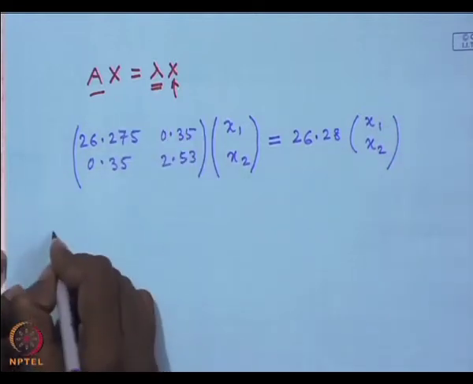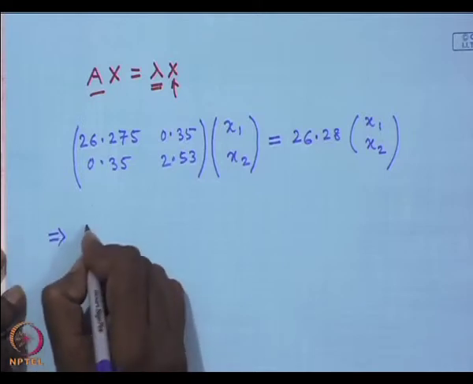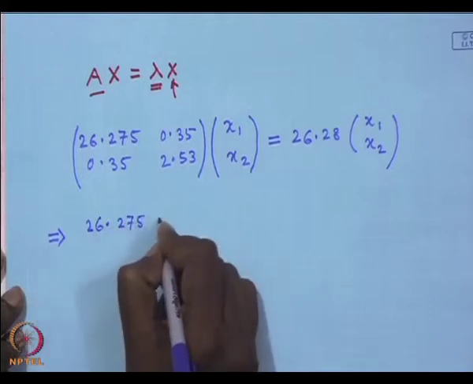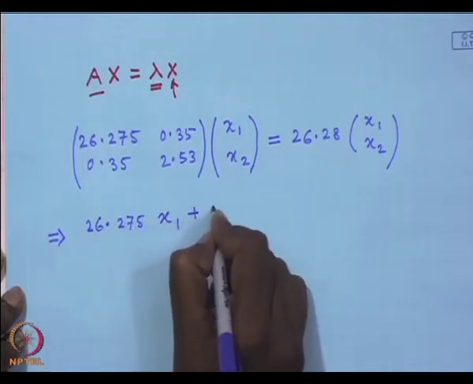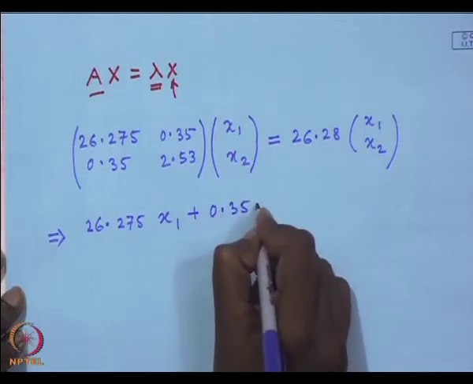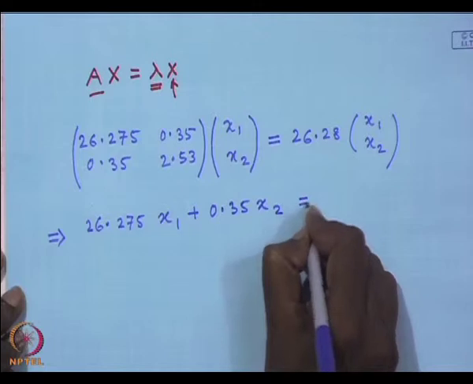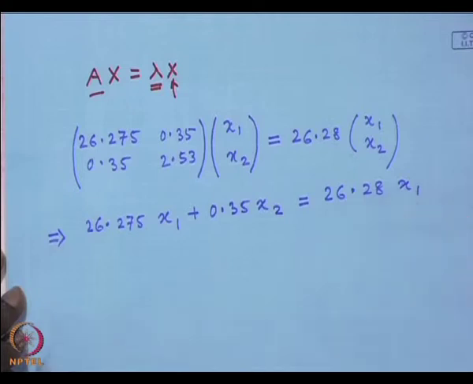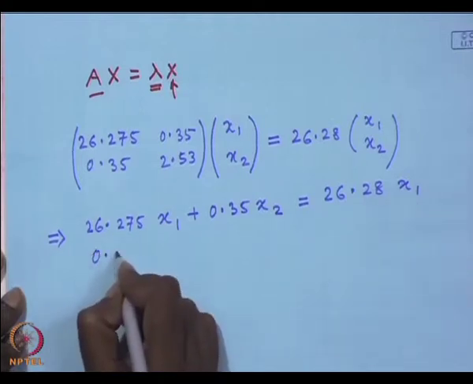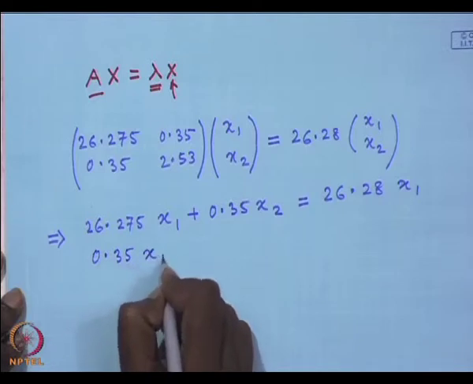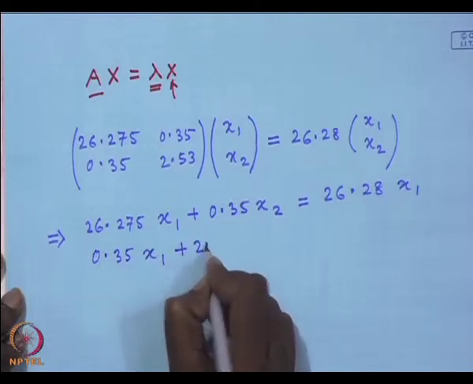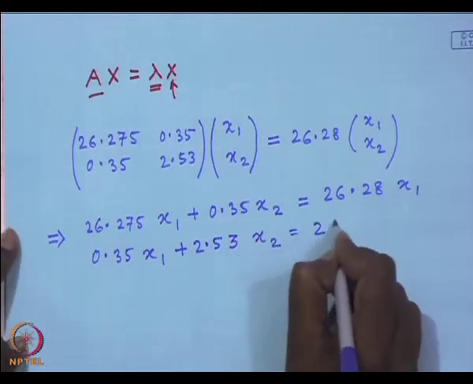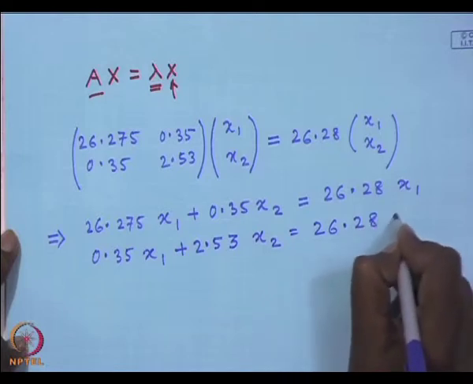So, if I reduce these equations into linear equations, I get two equations. One is 26.275 times x1 plus 0.35 times x2 is equal to 26.28 x1, and the other one is 0.35 x1 plus 2.53 x2 is equal to 26.28 x2.